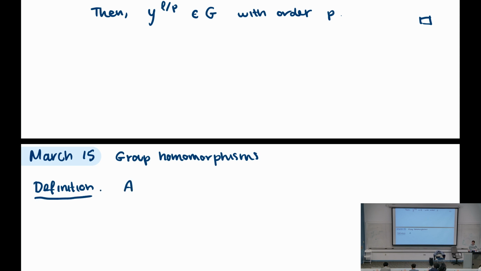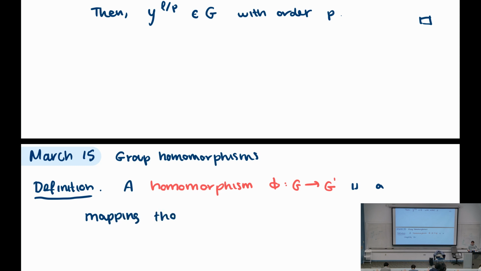A homomorphism phi from a group G to a group G prime is a mapping that preserves the operation.